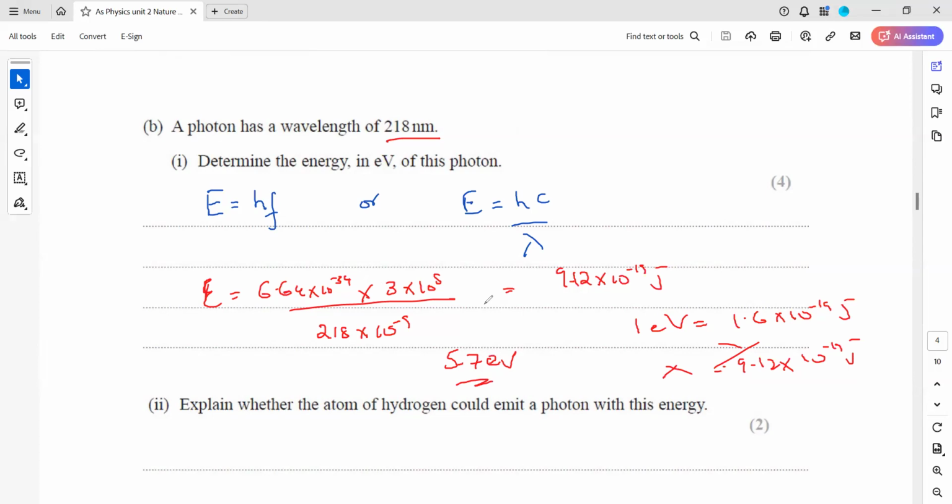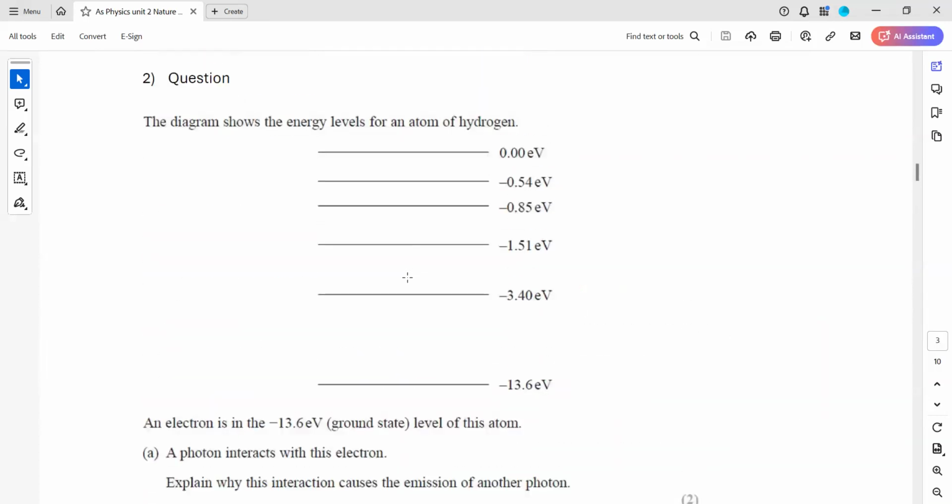Explain whether the atom of hydrogen could emit a photon of this energy. How will you identify? You have to check the transitions, like 5.7 electron volts: is there any transition where the difference in the values is 5.7? The electron is in the ground state, so it has to return back to this level only, because the electron should return to the ground state.